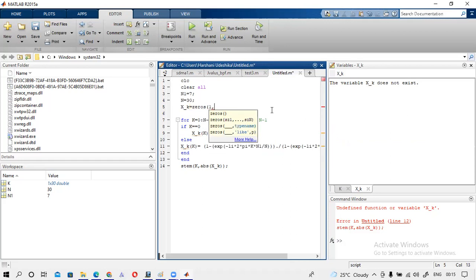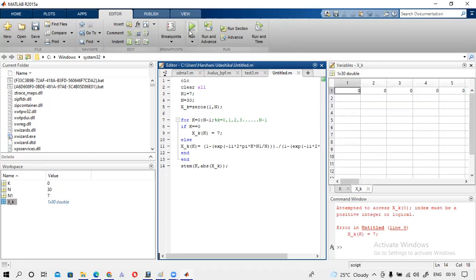So here I'm doing nothing, I just create the zero array to fix the number of xk. So there are 30 zeros. The length of xk is not changing. That is called pre-allocating. We have done it. So I think now it should be okay.